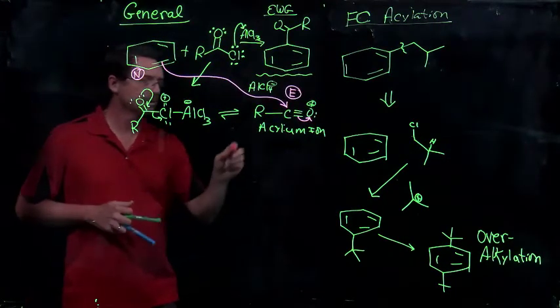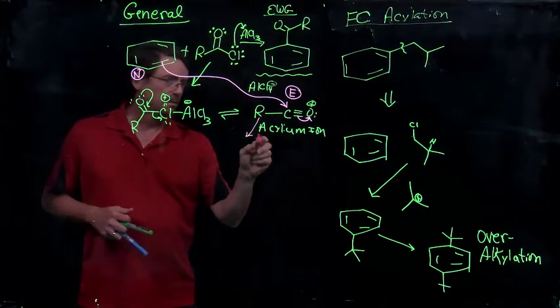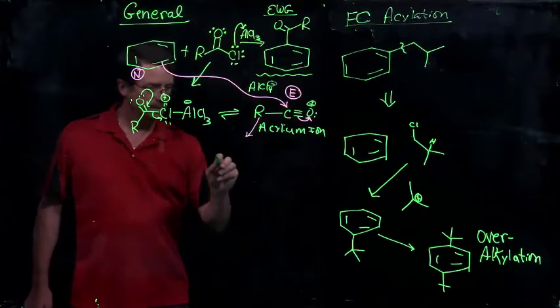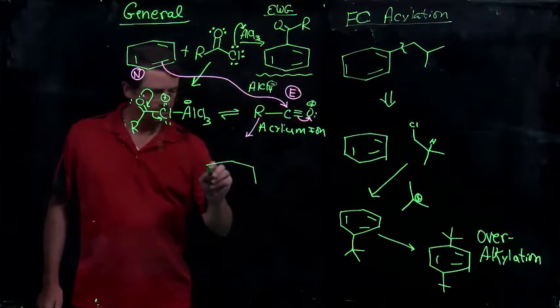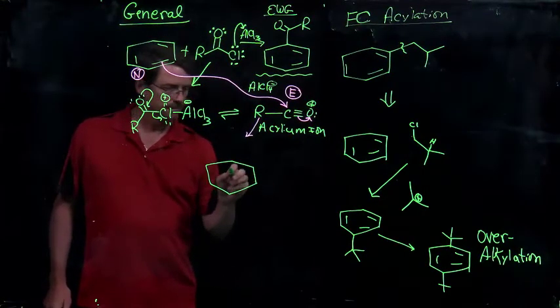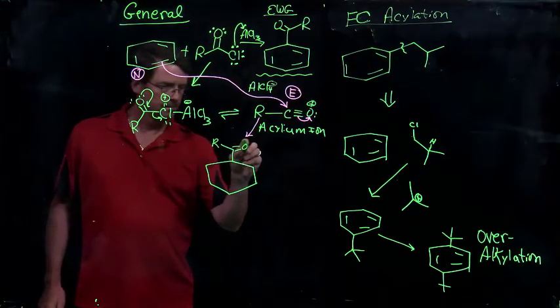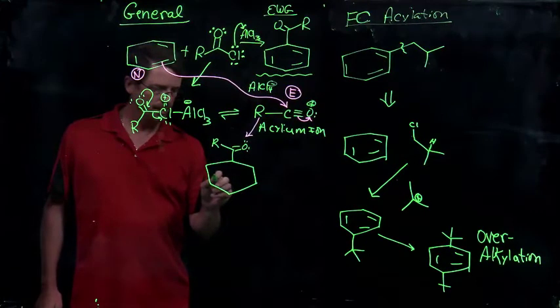When that happens, we need the carbon to lose 2 electrons. This then gives us an intermediate. Now I'm drawing in all the lone pairs for you.